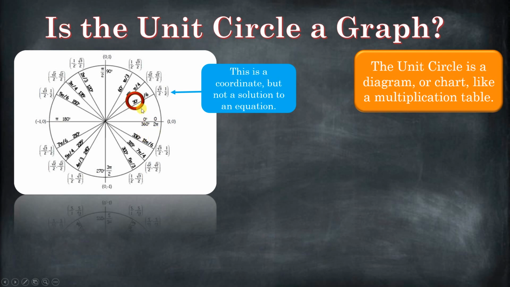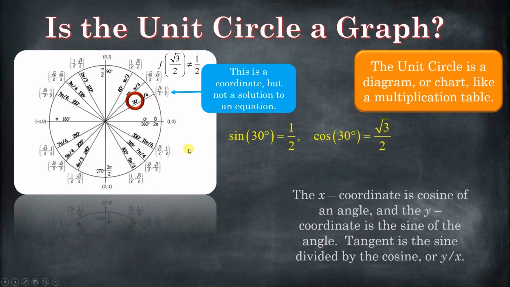What we have is 30 degrees as the input. And if you're talking about cosine, x is the output, and y, if you're talking about sine, is the output. It's not that this x is the input and this y is the output. So it's not like f of the square root of 3 over 2 is equal to 1 half. That's not what's happening at all. This is a diagram to help us understand that if you're talking about 30 degrees, we can quickly see that the sine of 30 is 1 half and the cosine of 30 is the square root of 3 over 2.